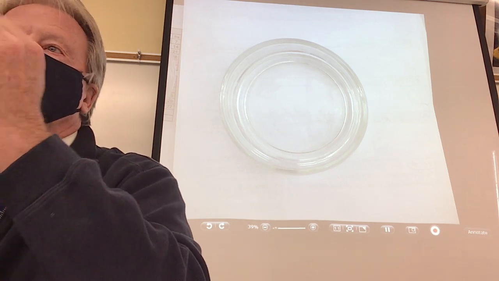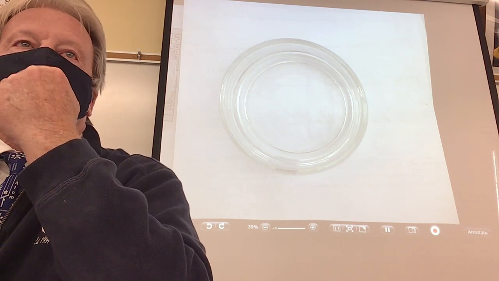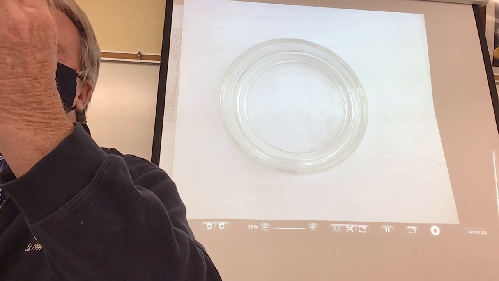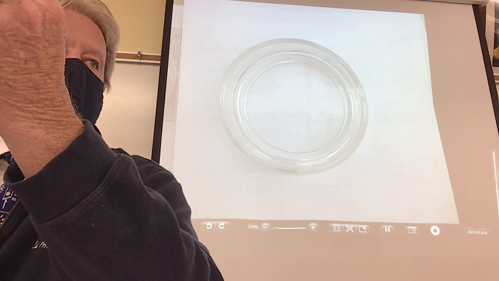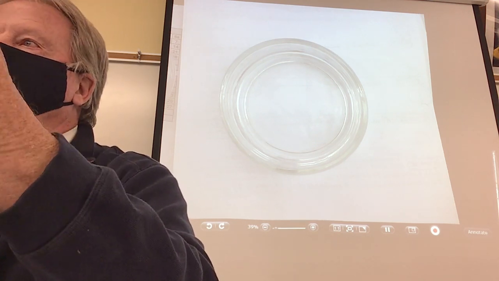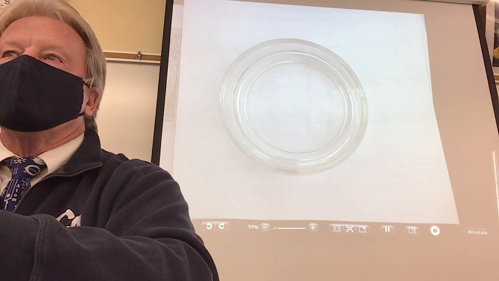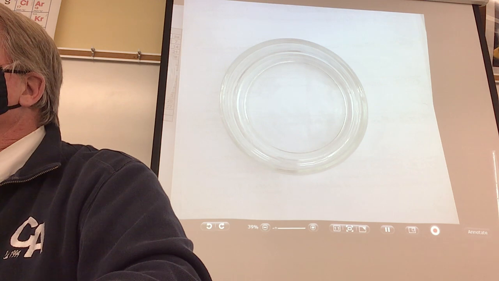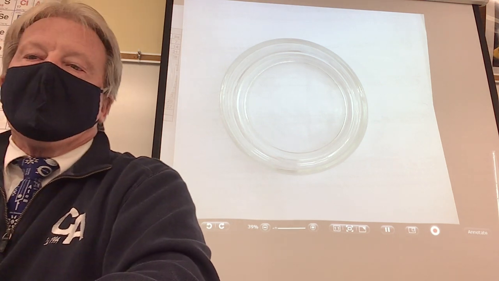If you ever get caught in the wilderness and you have a little bit of steel wool, you know what steel wool is? Like a Brillo pad. It looks like wool, but it's steel. You clean pans with it.